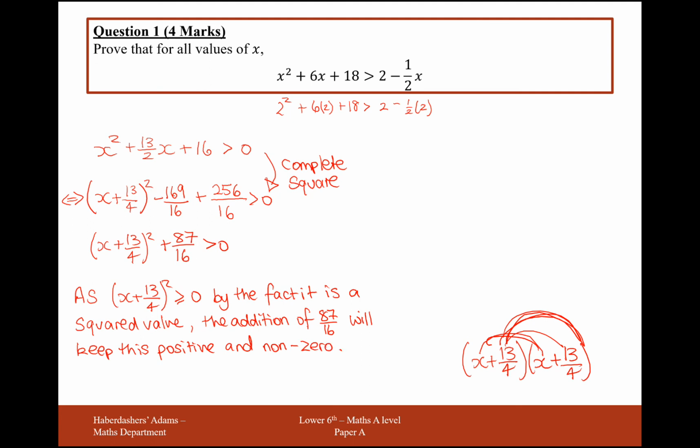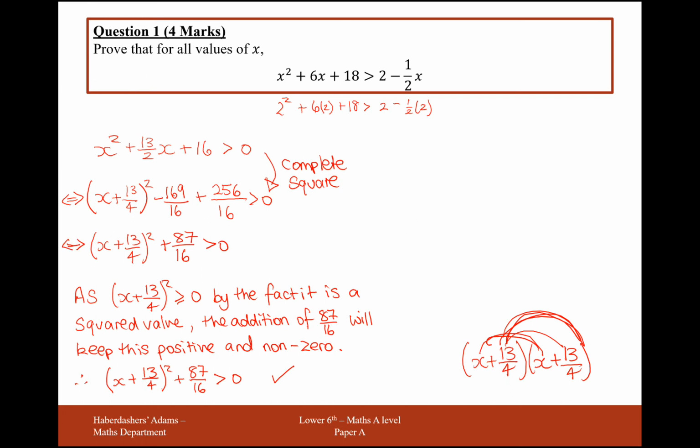Okay, so you need that little expression there, and non-zero, as it can now no longer equal 0. So therefore, x plus 13 over 4 squared add 87 over 16 will be greater than 0. Okay, so that's what we're looking to prove here.